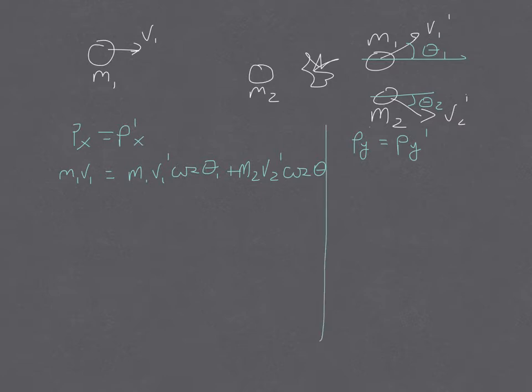Then you would have to do the same thing in the y. No object before the collision is moving up and down, so the starting momentum is 0. And then you just have the two y components added together on the right-hand side. Theta 2. Did it. Close enough.